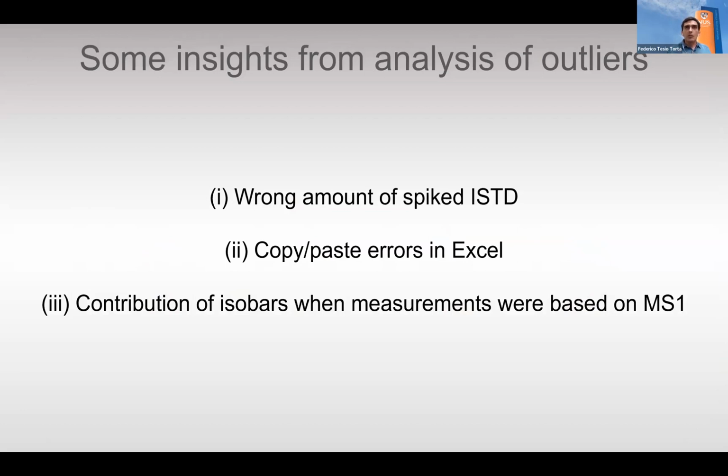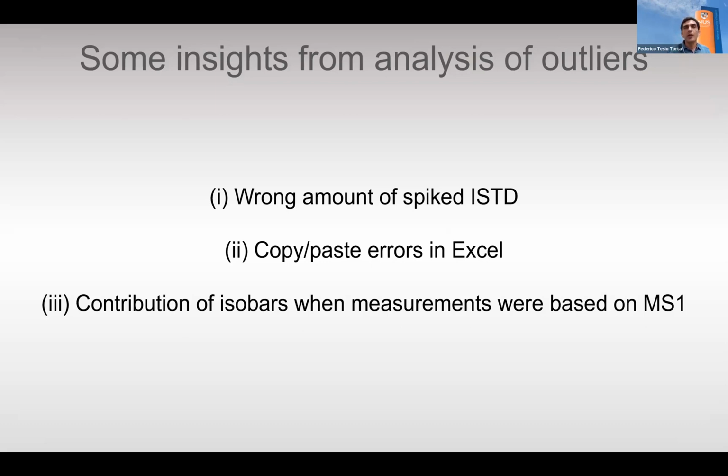Now, as I mentioned earlier, we also tried to understand what could be some of the technical reasons behind the outliers. We didn't have many, but we went back to the raw data to understand what could have happened. In a few cases, we could not figure out what happened, but in others, we obtained some interesting information that we could make use of for future experiments.